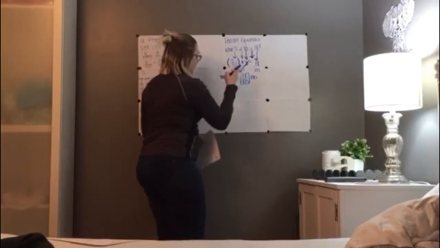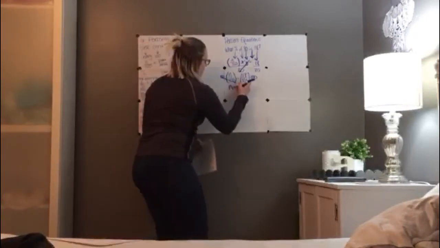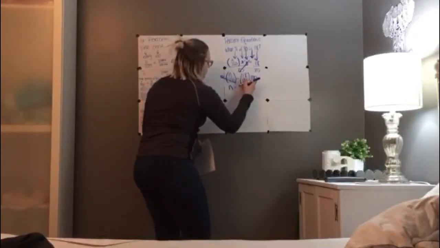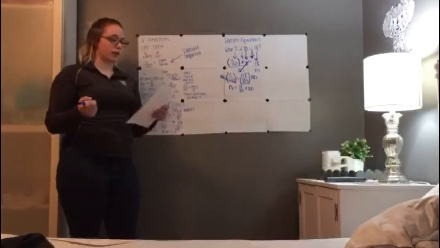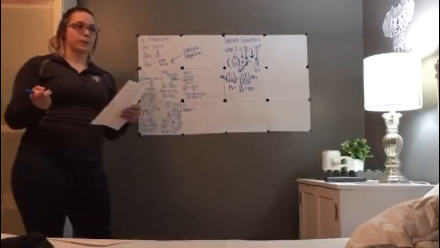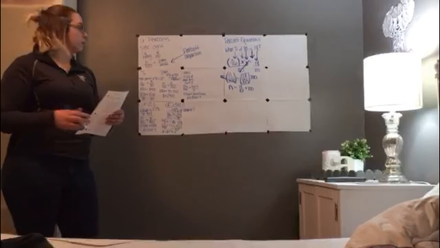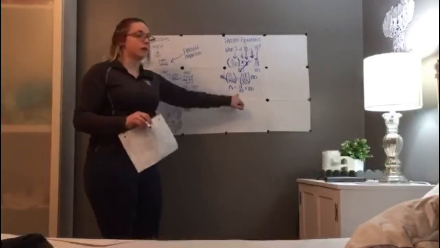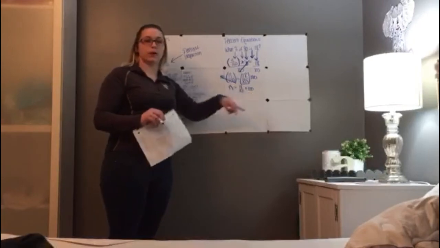So these would cancel out, and you would get n equals 18 over 80 times 100. Can anybody do that in their calculator for me? You would do in your calculator 18 divided by 80 and then times 100.